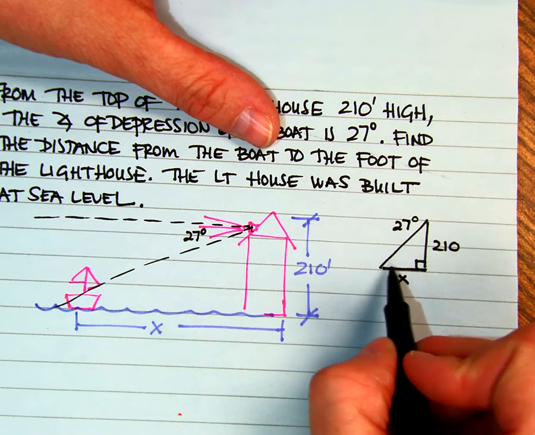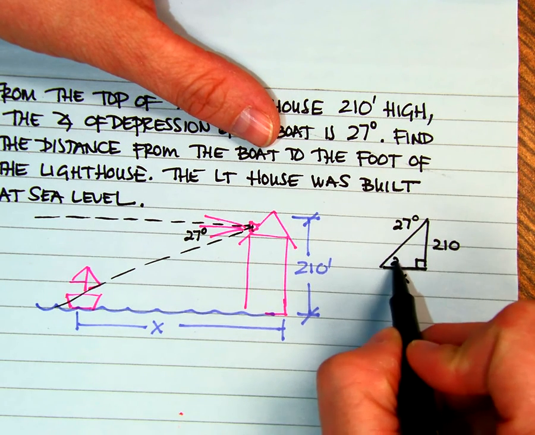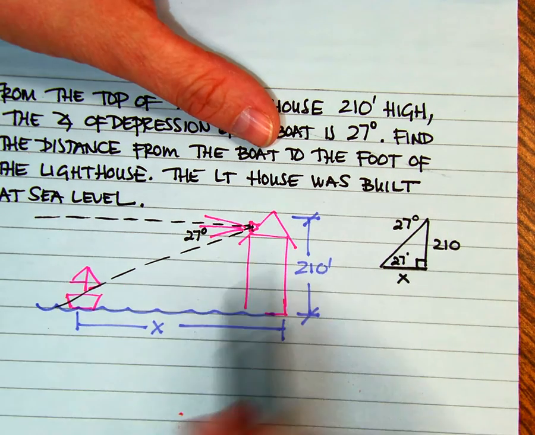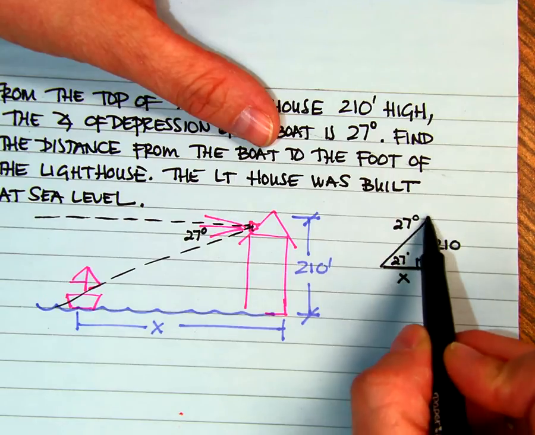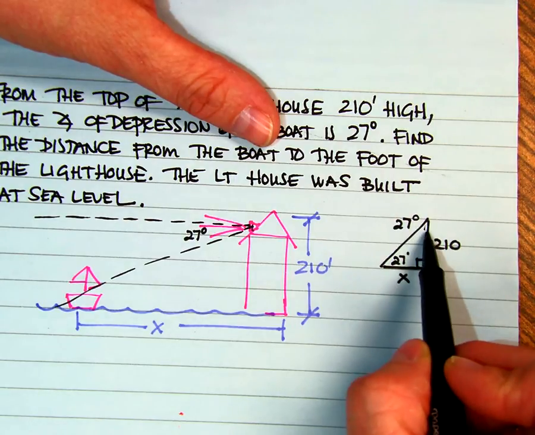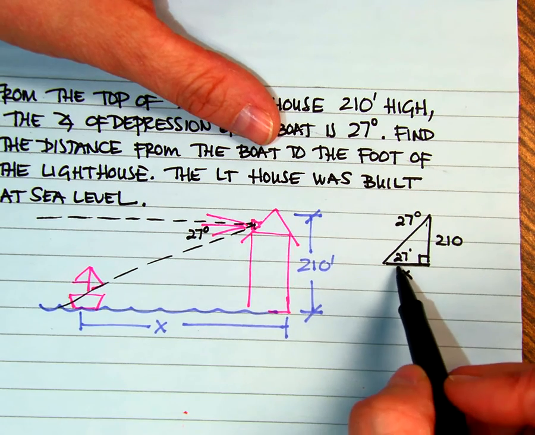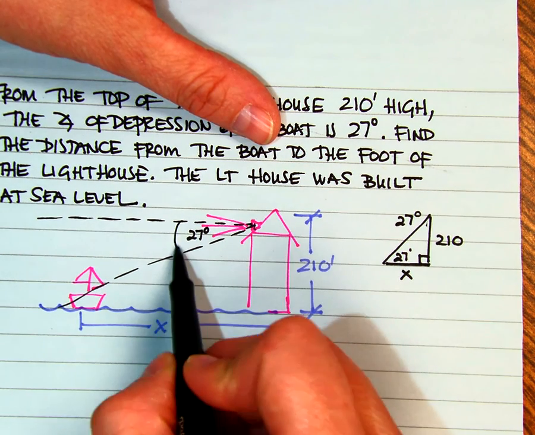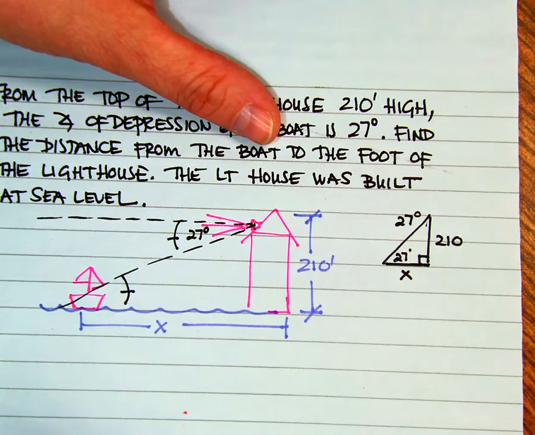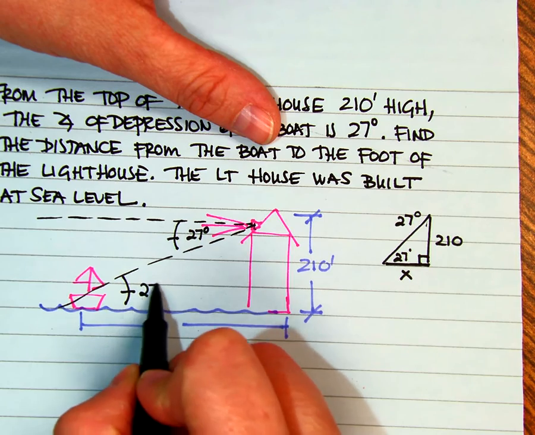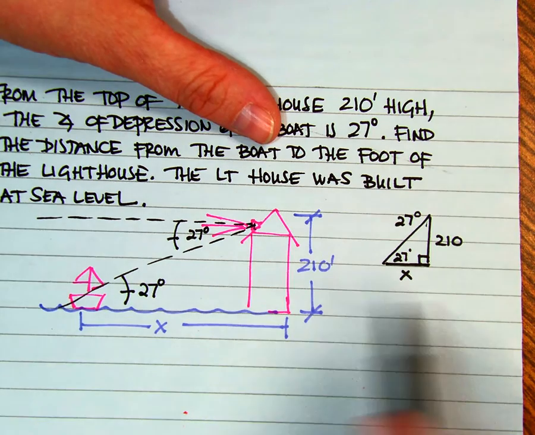So that means we either need to put the 27 in here, or figure out what would make this another right angle, which would be 63 degrees. I'm going to stick with the 27 because I know that the angle of elevation and the angle of depression are congruent. So I'm going to put my 27 degrees there.